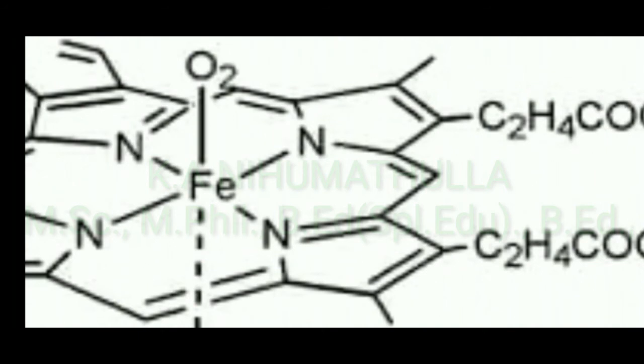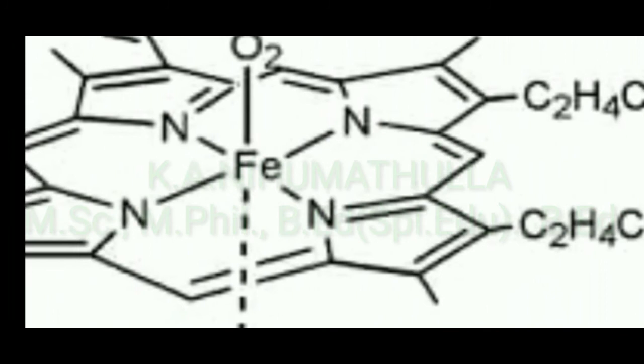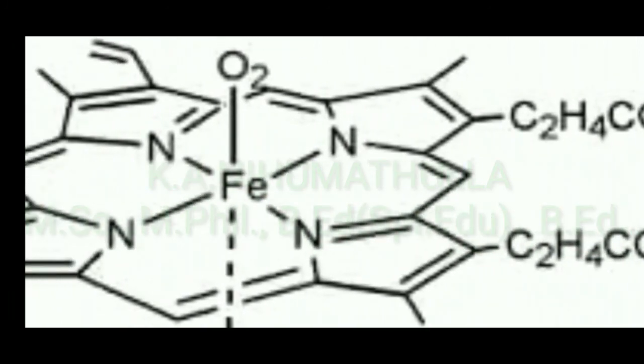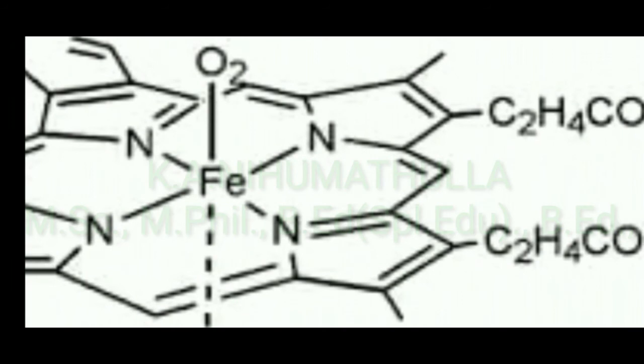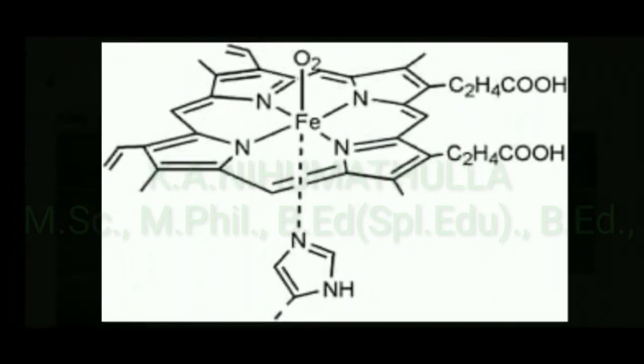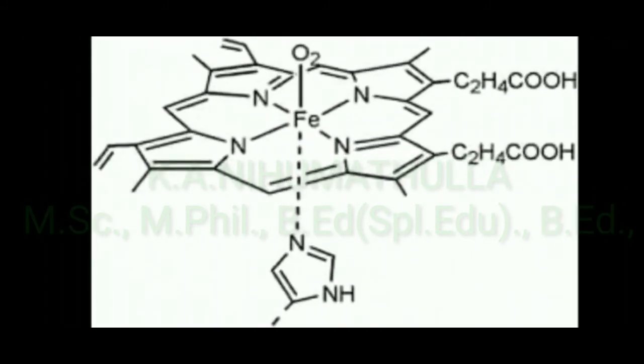On burning, they are converted into carbon dioxide and water, and energy is released in the form of heat. So this is about the structure of hemoglobin. Remember, the central metal ion in hemoglobin is Fe2+ ion.